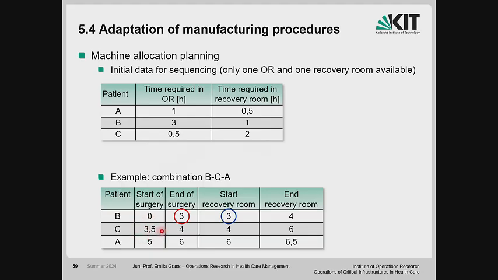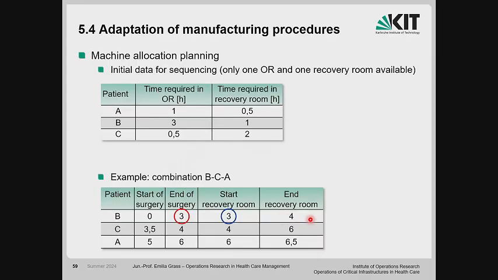So that means even if we would start at 3 with patient C, and the patient requires only half an hour of surgery, then the patient has to go to the recovery room, but it's blocked. So if we would start at 3, at 3:30 we are done, but then the patient has to wait in the surgery room for the recovery.